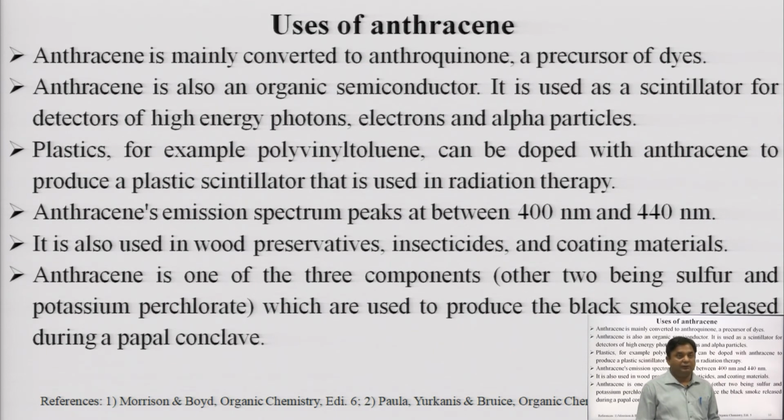A lot of dyes are used in the textile industry and the chemical industry to produce color. Anthraquinone is prepared from anthracene easily, as you can see there. When anthracene is oxidized, it easily gives 9,10 anthraquinone. So, anthraquinone is a precursor of dyes, a very important molecule, and it is prepared from anthracene.